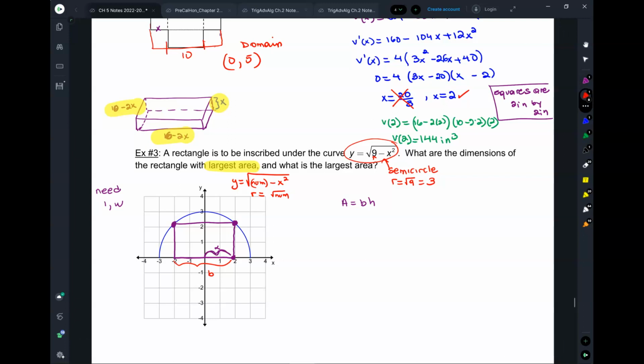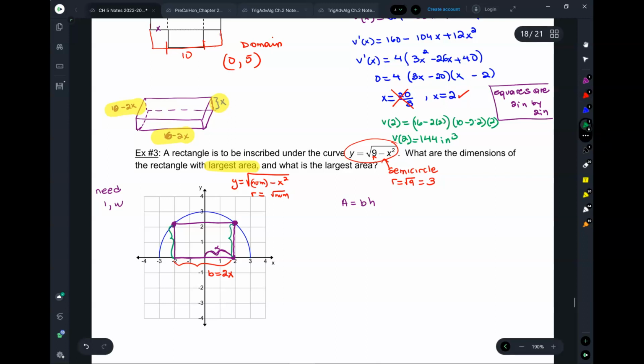So then, how much is the entire red base? It's twice that, 2x. Now, for these problems, that base is always going to be 2x, because we always start from the origin out. Now, what about the height? The height is this.